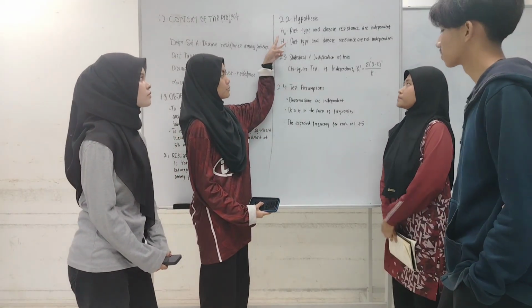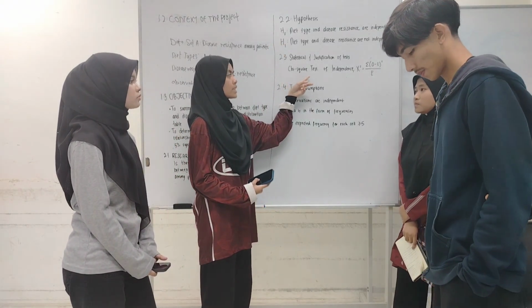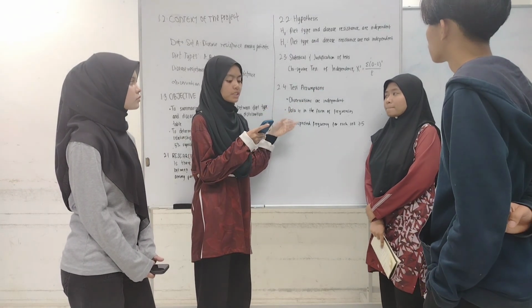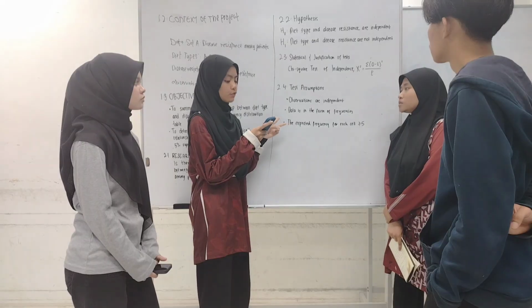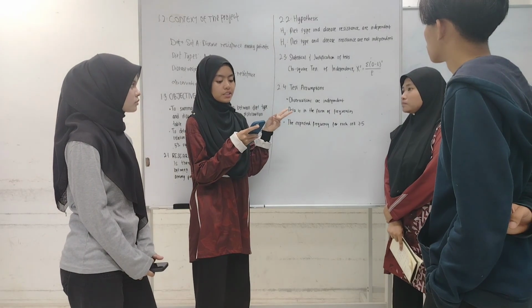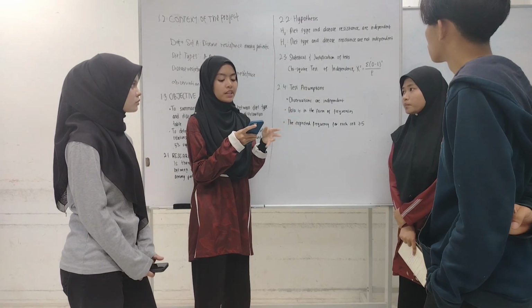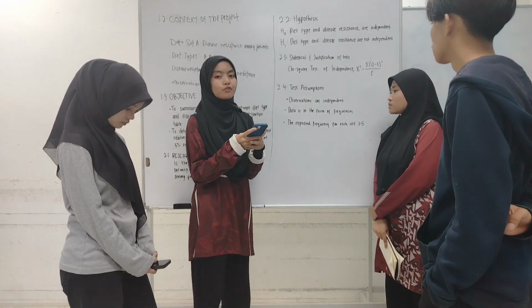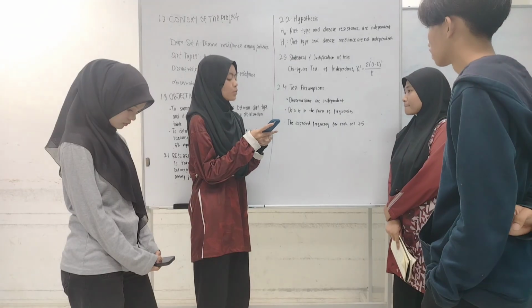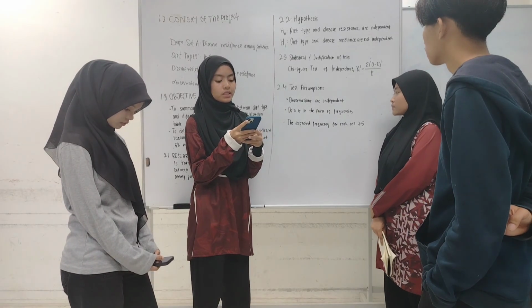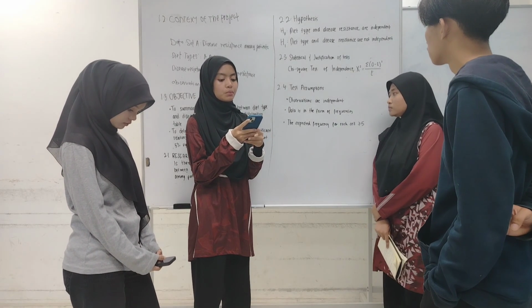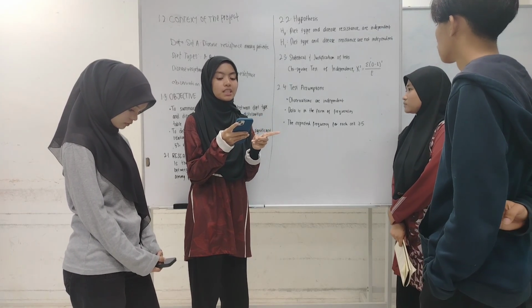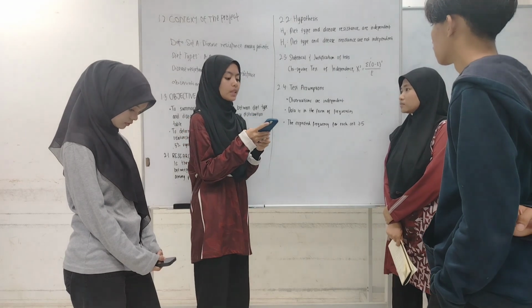To test this hypothesis, the chi-square test of independence is used. This test is suitable for the study because both variables involved, diet type and disease resistance, are categorical variables. In addition, the data is presented in the form of frequency counts. The chi-square test helps in determining whether there is a significant association between two categorical variables by comparing observed frequency with expected frequency.